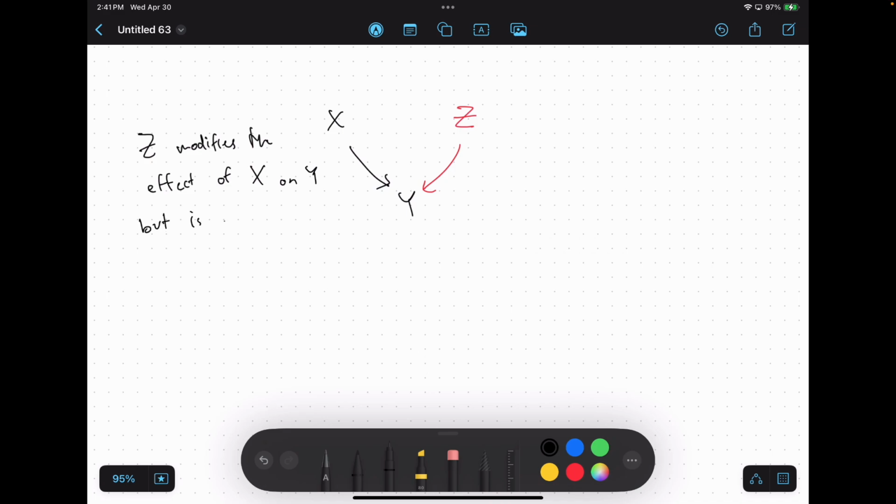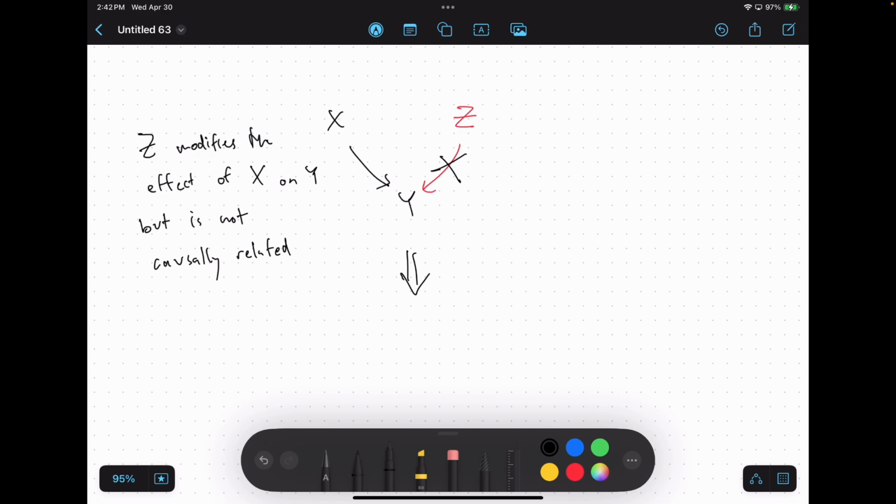but is not causally related. So actually this is not a good way to represent it, right? Because z going to y would dictate that it is a direct causal relationship.